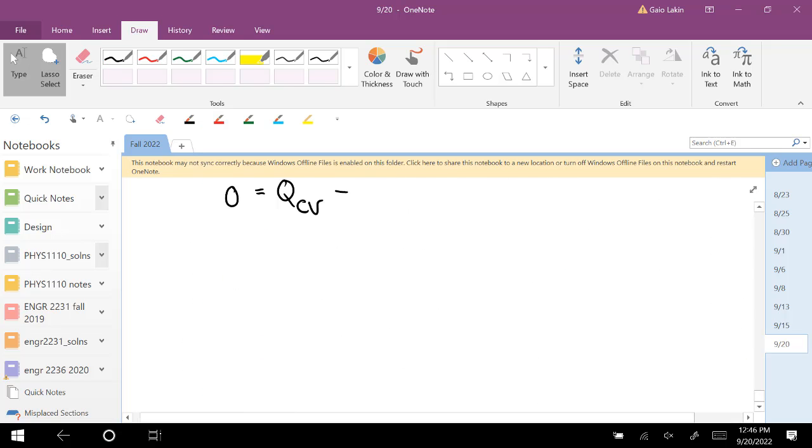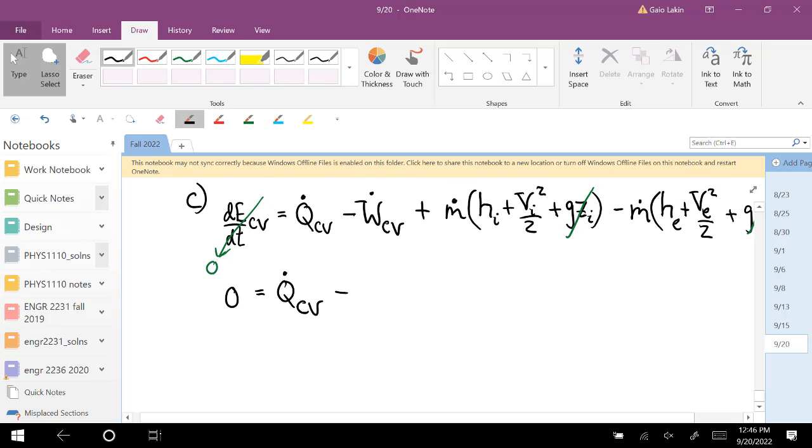Okay, so Q CV dot minus 1,000 times 10 to the third plus 1.2 times H at the inlet, which was 3658.4 times 10 to the third.